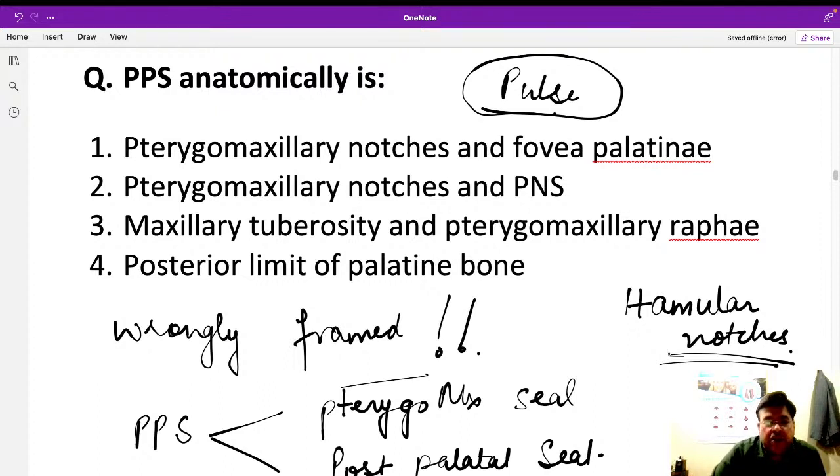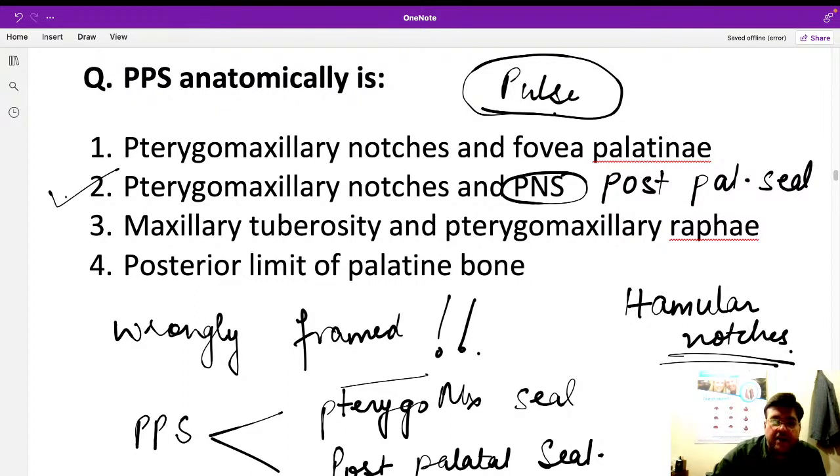So this question will make sense only if the posterior nasal spine is changed to post palatal seal. Only then is this going to be your answer, right? All other options are obviously not the answer.